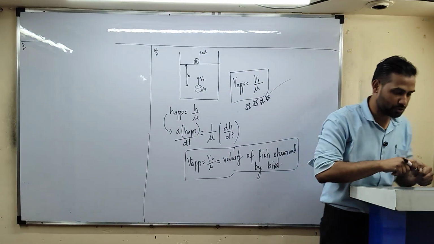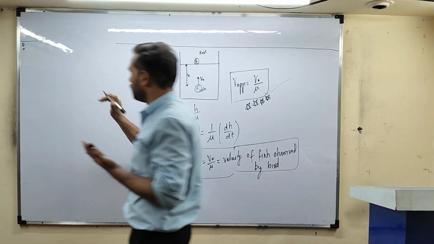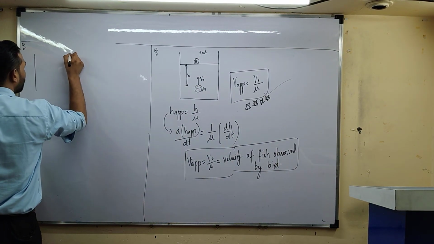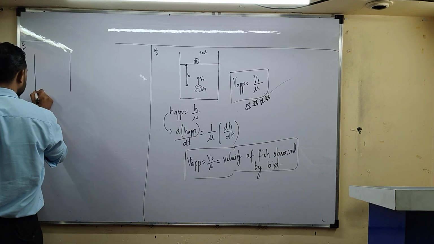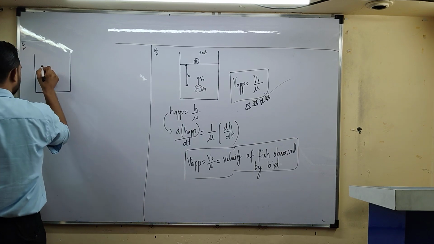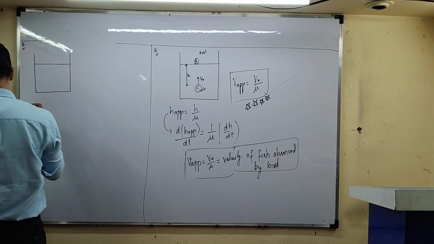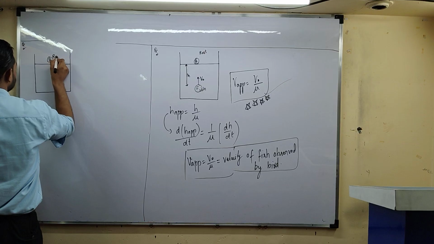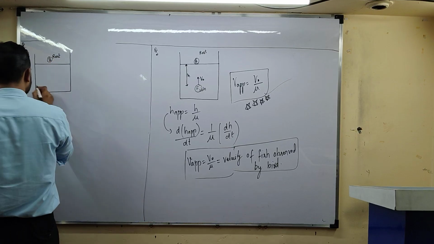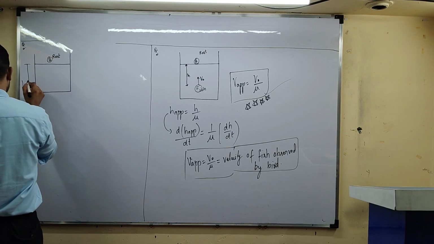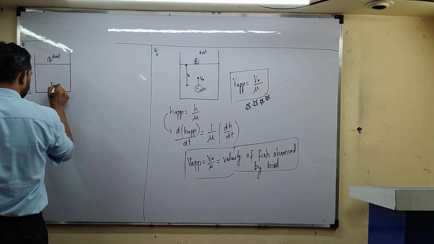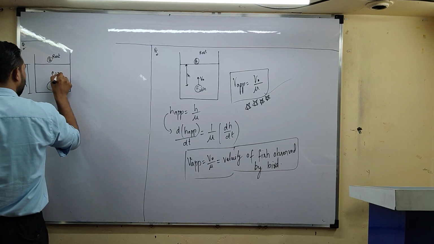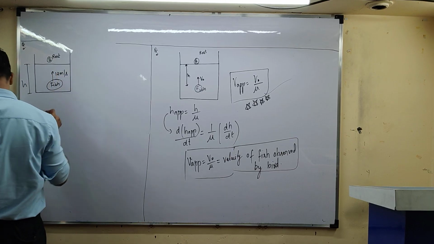Okay, let's solve some questions. Very simple question. Simple questions are important questions. Here the bird is at rest, and here the height is h, and the fish is moving with a certain velocity, let's say 12 meter per second.